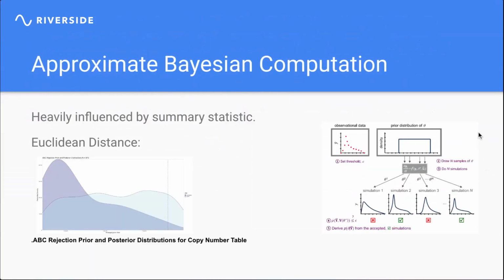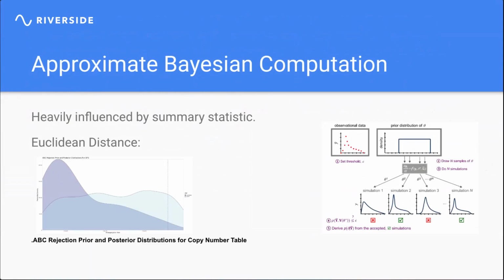In particular, we use approximate Bayesian computation. In this scheme, which you can see on the right, we sample from a uniform prior distribution. It doesn't have to be uniform, but in our case it is.